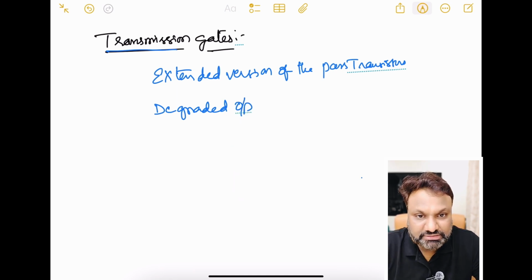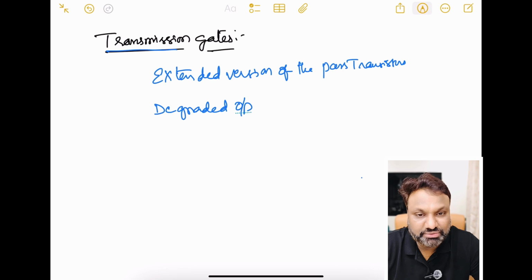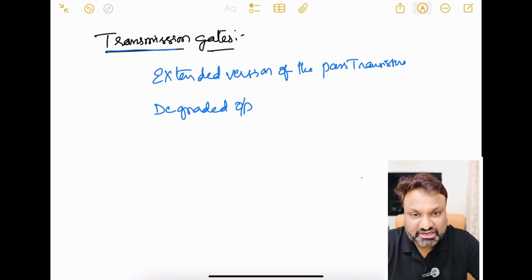Because we are not using separate VDD and VSS, and I am operating with respect to my inputs A and B, which are continuously changing from 0 to 1 and 1 to 0, the output might not be a stable one. That means I don't get a strong 0 or a strong 1 at the output. Hence, to get a strong output, we go for transmission gates.